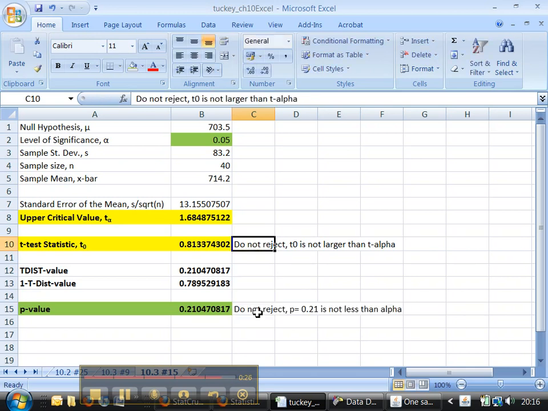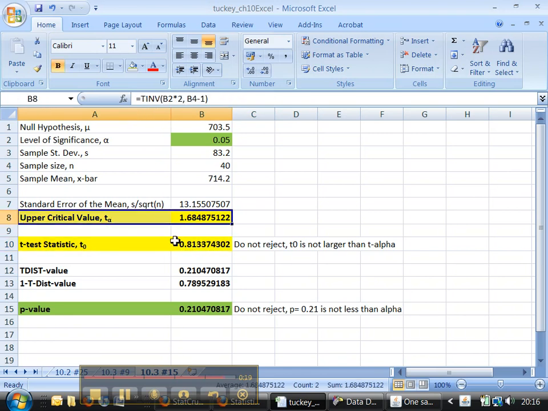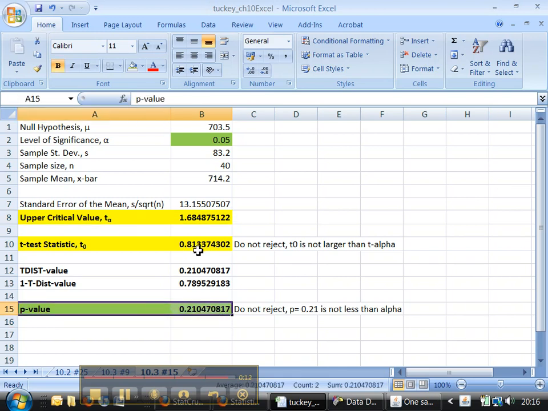So either way, we're not rejecting. You don't reject if this number right here, this test statistic, is not bigger than this one. You're looking at bigger than because it's a right-tailed test. Or p-value, always look for less than because you always want a low probability of it happening. Since your probability of this value right here is low, but not low enough, you do not reject. It's not lower than 0.05.